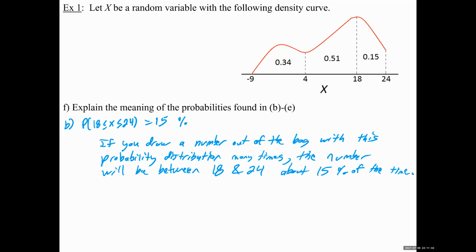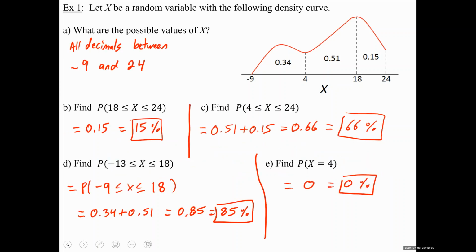So let me wait just a couple seconds here. Okay, so let's go to the other ones. All right, so I want someone to help me explain the meaning of the 66% over here. And just follow the format of that last one. Someone try it.